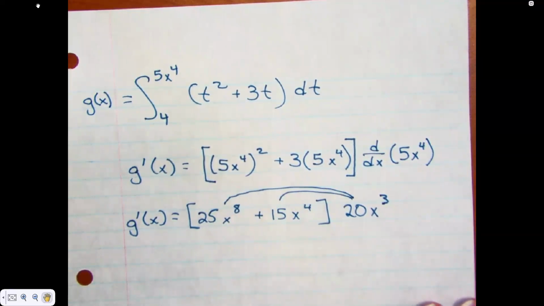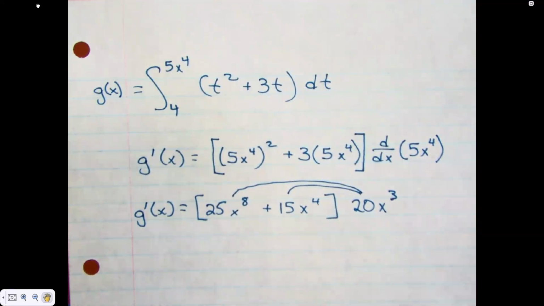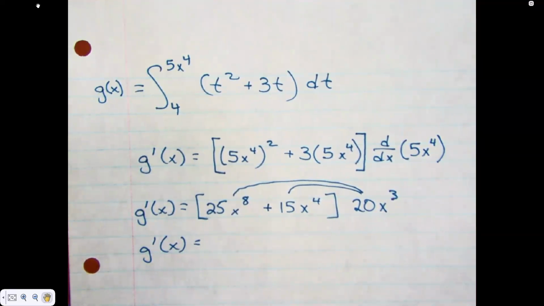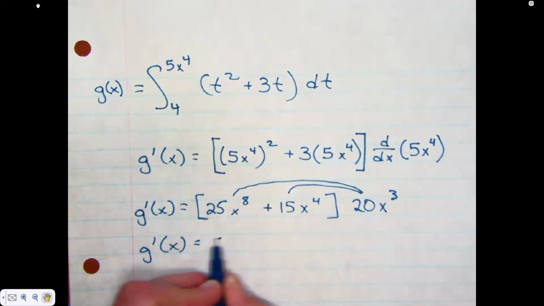If we did it by hand, if we actually took the integral and then the derivative, this is one where we could do that, and we would get 20 times 25 gives us 500x to the 11.